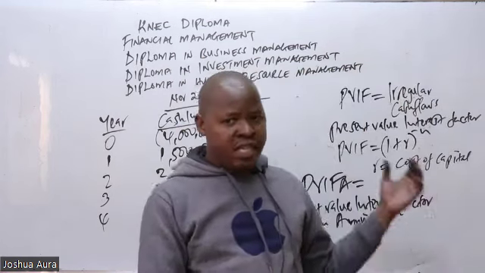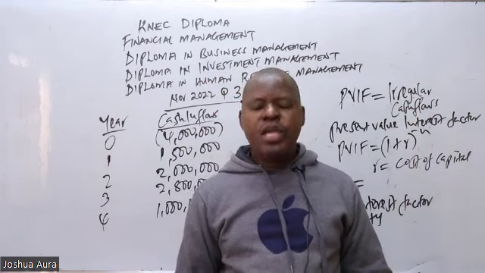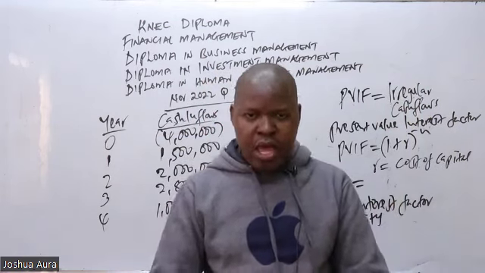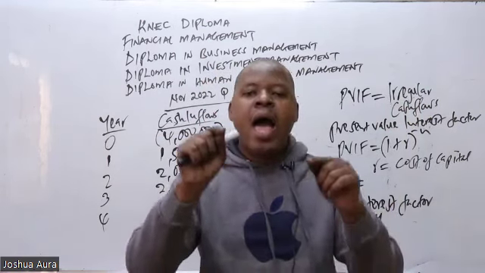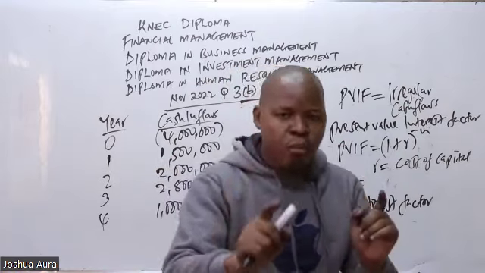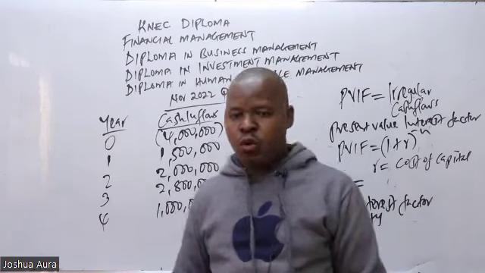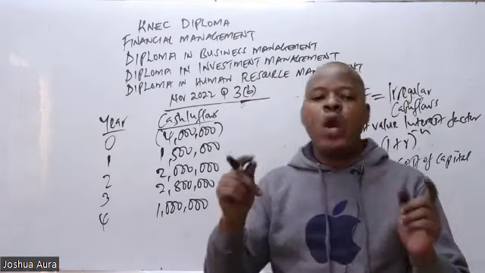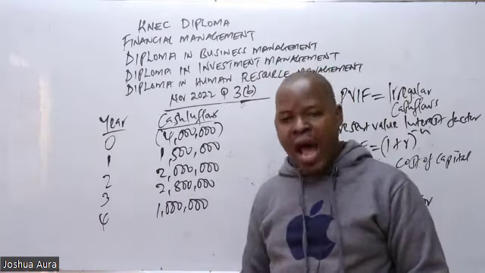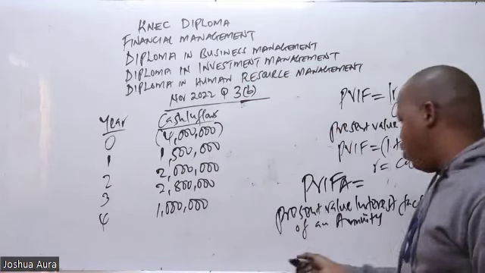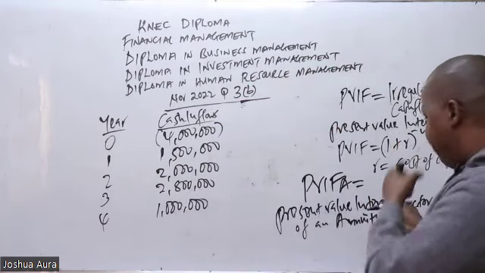This formula of discounting is used to discount regular cash flows, uniform cash flows, also known as annuities. And what is the formula of getting PVFA?